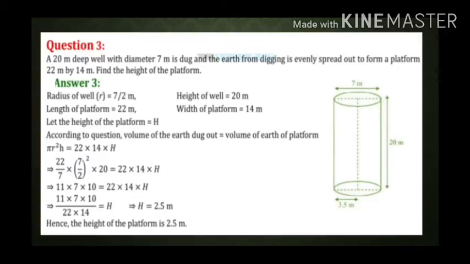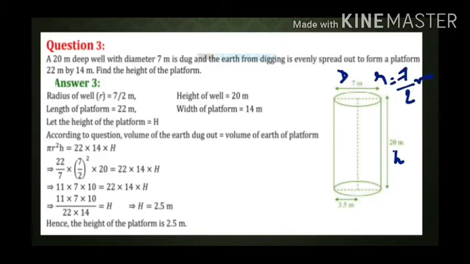Now question number 3. A 20 meter deep well with diameter 7 meter is dug, and the earth from digging is evenly spread out to form a platform 22 meter by 14 meter. Find the height of the platform. The figure is given as a figure of a well. This well is in the shape of a cylinder whose height is equal to 20 meter and diameter is equal to 7 meter, so the radius will be 7 by 2 meter.